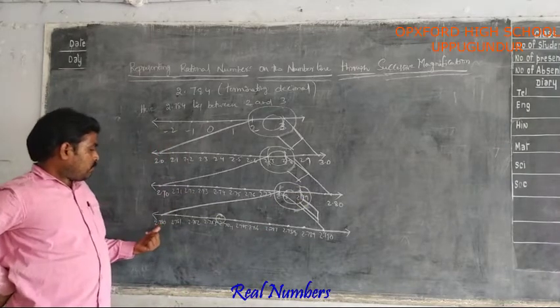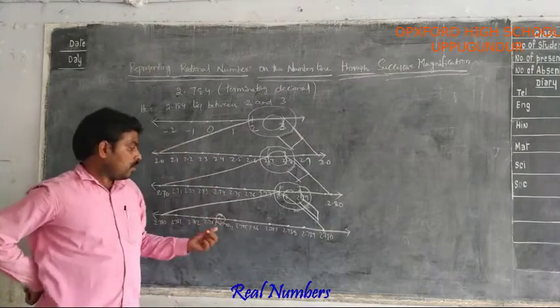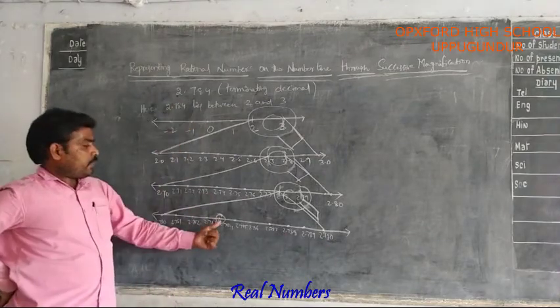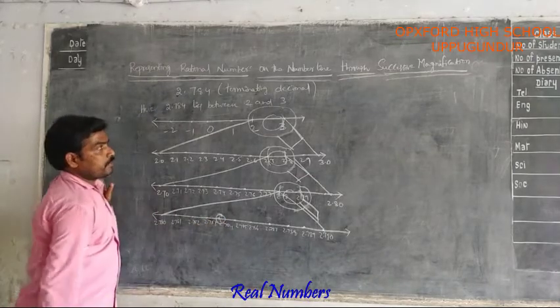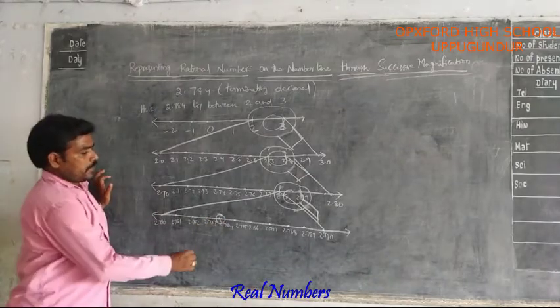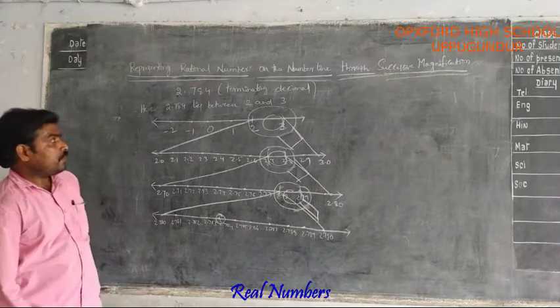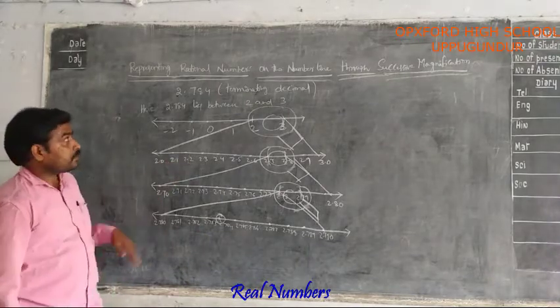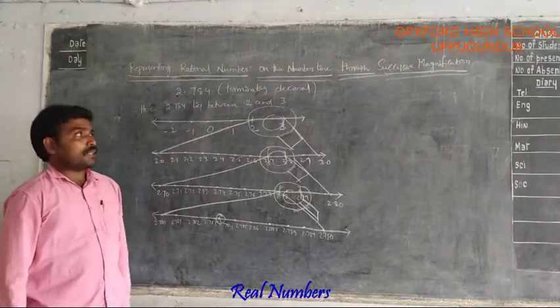Now this becomes 2.780 to 2.790. Now we are getting the value 2.784 on the number line. So in this way you can represent a terminating decimal on the number line through successive magnification.